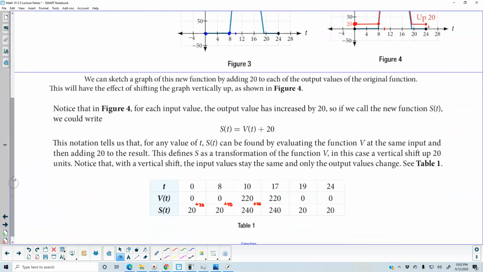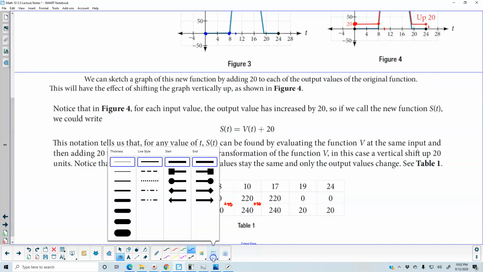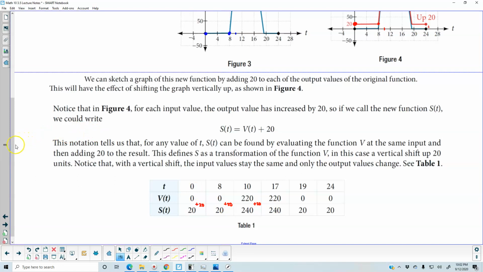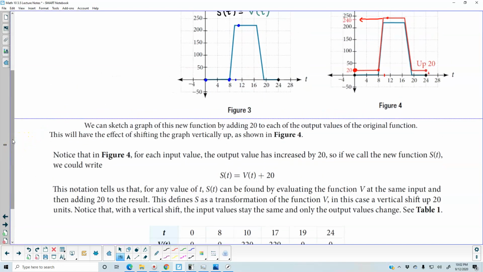Let's take a look at the next input. We have 17. So if we take a look at 17, and it has an output of 220, excuse me.